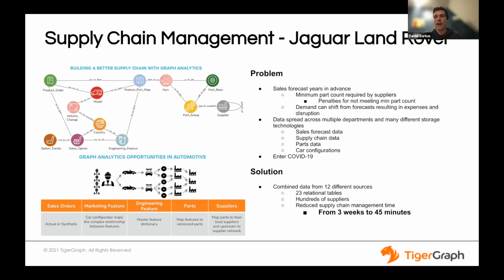But because of graph, because of the ability to take all of these discrete data sets and combine them, like we saw before with those edges between all these different parts of the business, now we can gain a much more holistic view of our supply chain, of our manufacturing process, of what people will be ordering in terms of our product. And suddenly, with all that extra information, you're able to look at much more than you were before and make much more intelligent decisions.